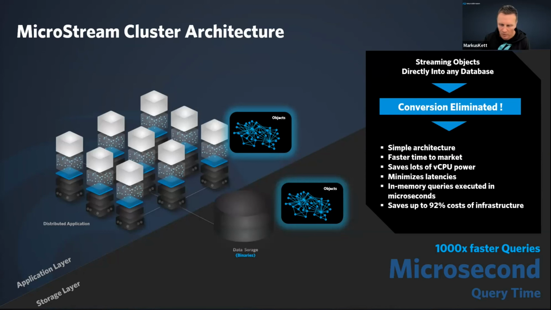And so also building distributed applications with MicroStream is super simple. And the cool thing here is that MicroStream cluster automatically clusters your business logic. So the infrastructure is provided by MicroStream cluster, and you don't have to care about how to cluster your business logic.